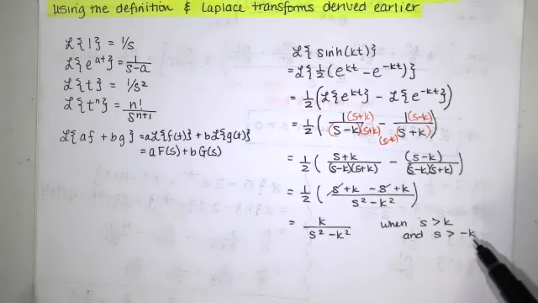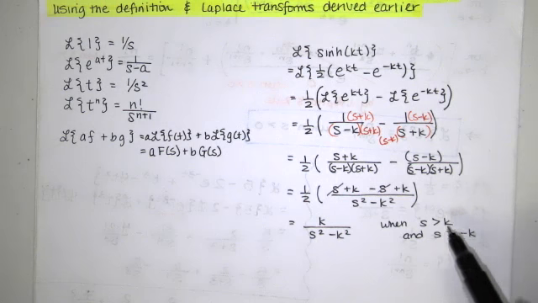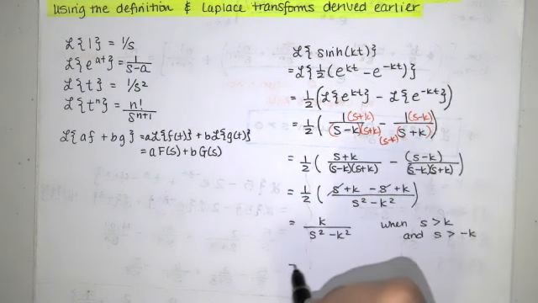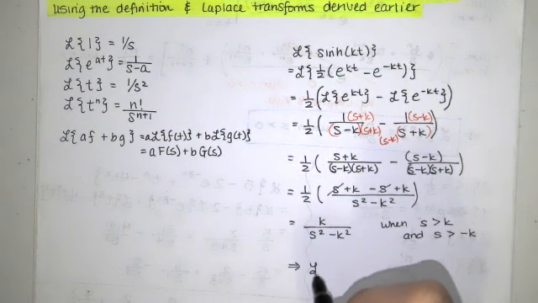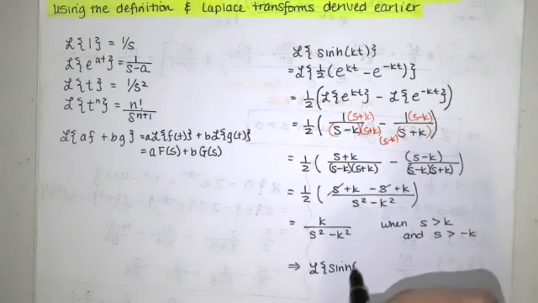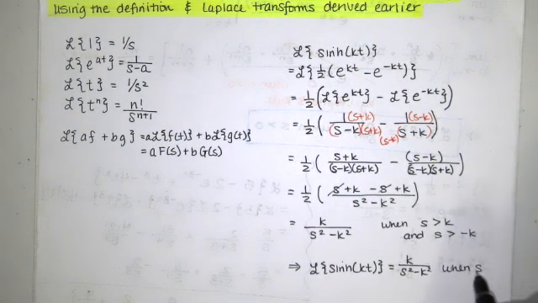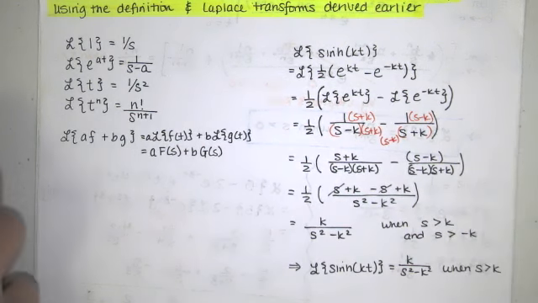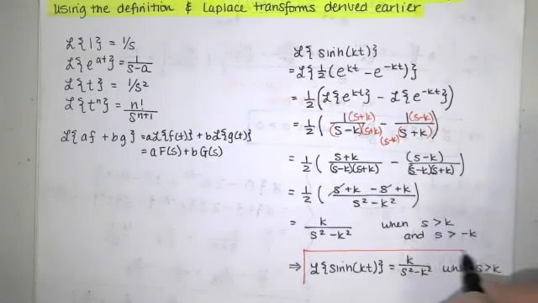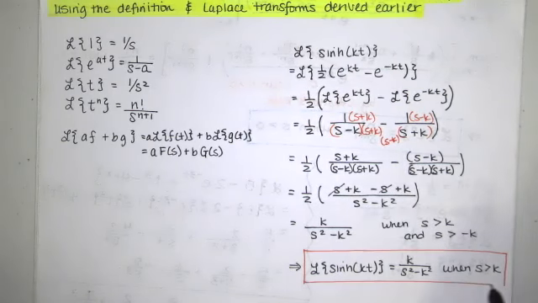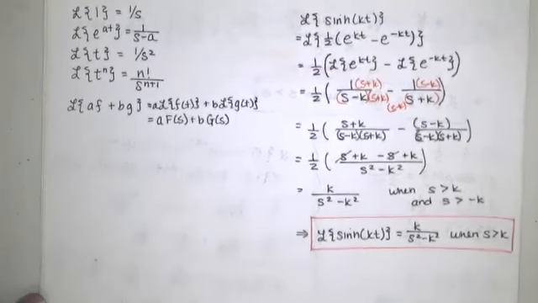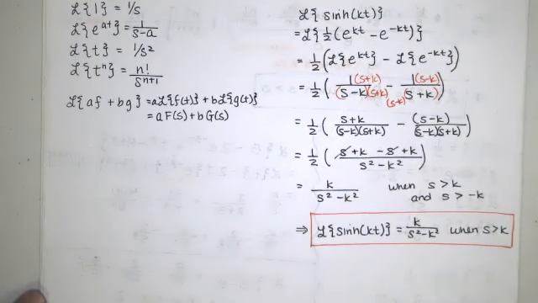If we're assuming that k is positive, when s is greater than k, s will also be greater than -k. So we can say this: the Laplace transform of hyperbolic sine of kt is equal to k over s squared minus k squared, as long as s is greater than k. Okay, so that's the hyperbolic sine of kt.